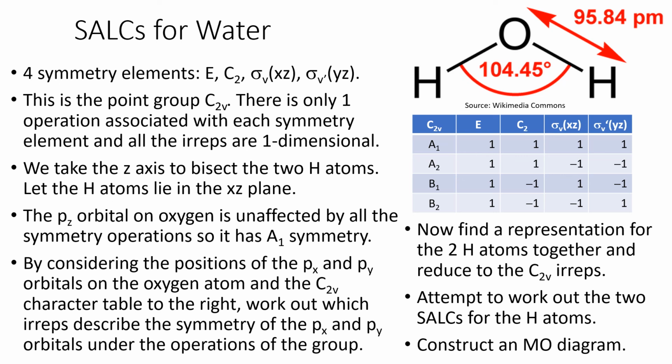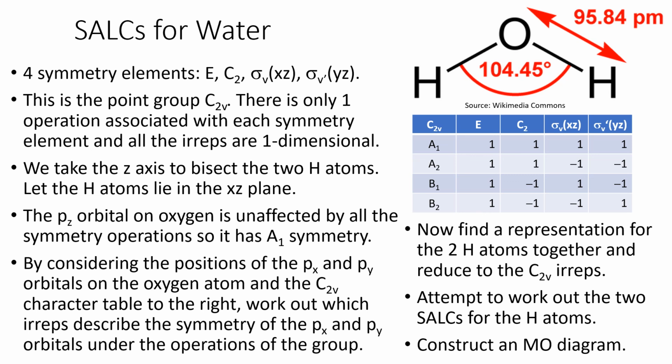We've got just 4 one-dimensional irreps, and that makes life a bit easier, because with one-dimensional irreps you don't have to go through all the bother of picking orthogonal combinations like we did with the E and the T representations.